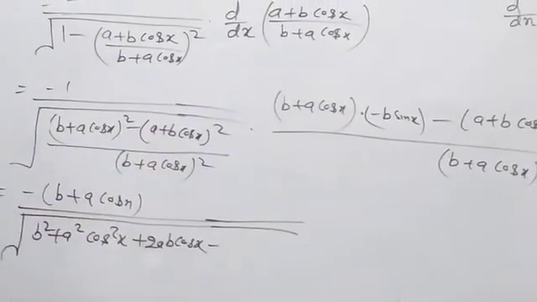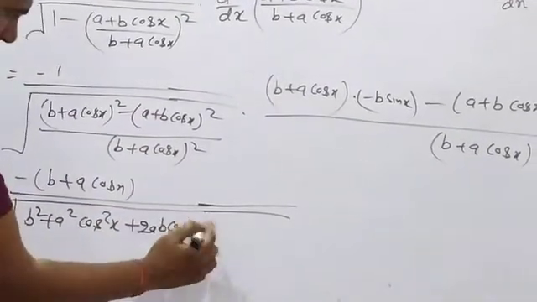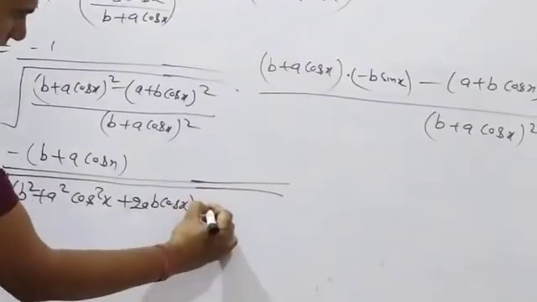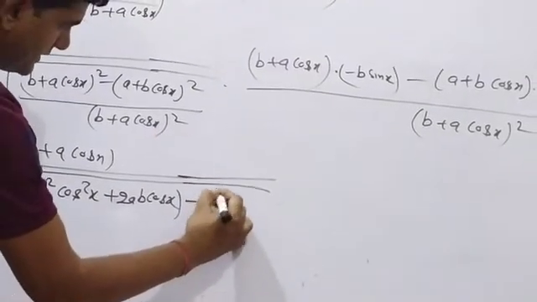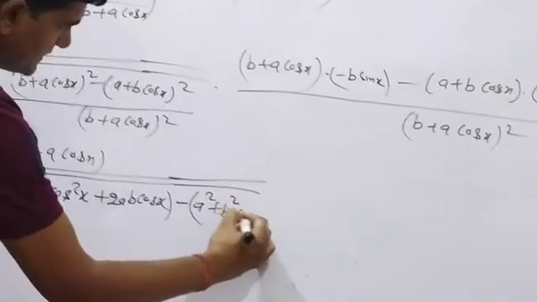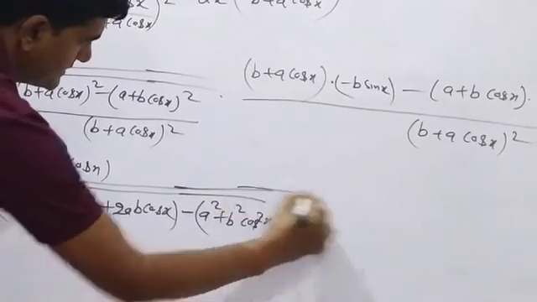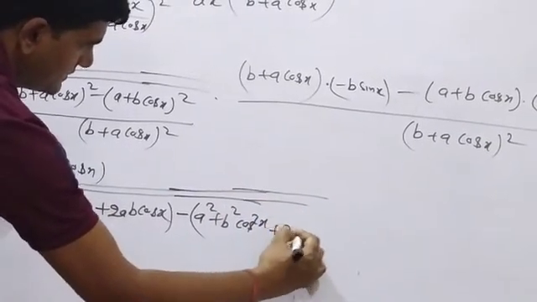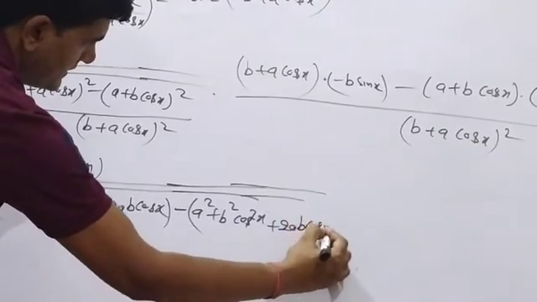Then you can open the bracket here. Okay, here minus, now in the bracket, a square plus b square cos square x and plus 2ab cos x.